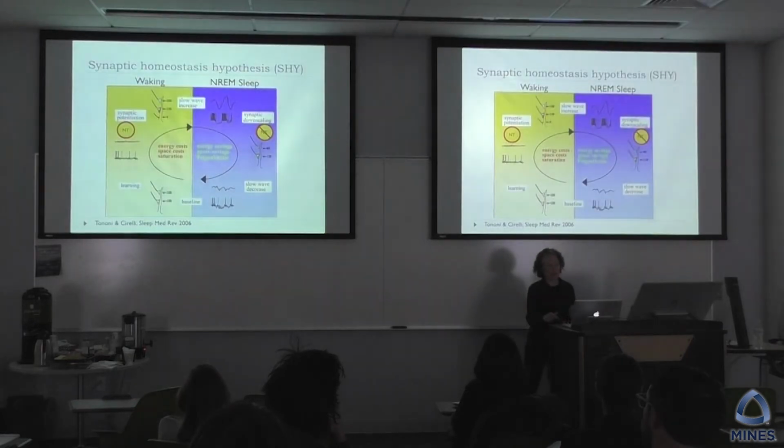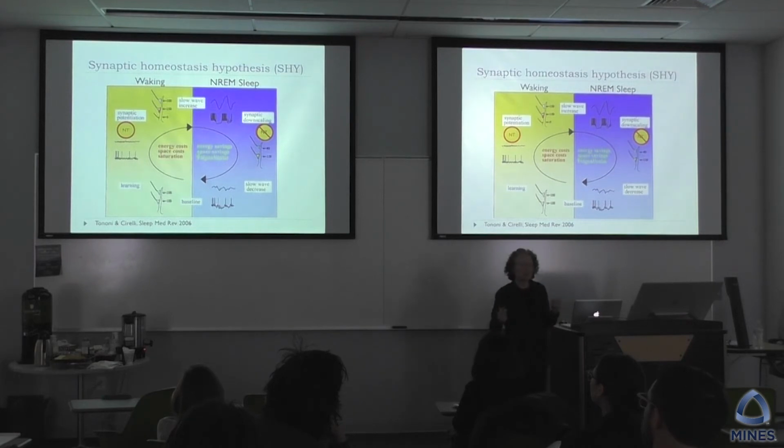Now, one of the leading hypotheses is that we need to sleep to reset the synaptic connections in our brain. This is called the SHY hypothesis, or the synaptic homeostasis hypothesis, and it's mainly promoted by Tononi and Cirelli from the University of Wisconsin. The idea is that when we're waking and learning, we're getting a lot of stimulus and learning new things.